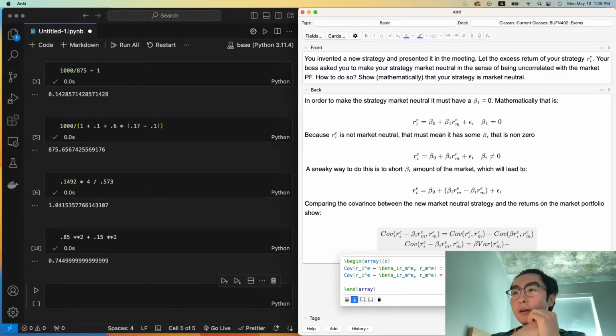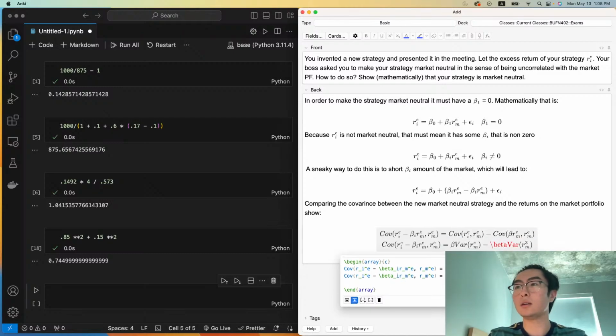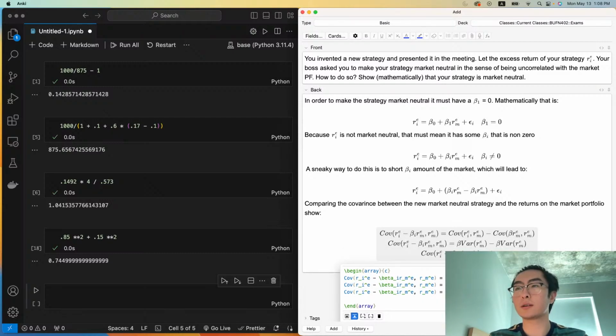The covariance between the market and the market itself is just exactly the variance, scaled by some beta. So beta times the variance of R_M^e is equal to 0.